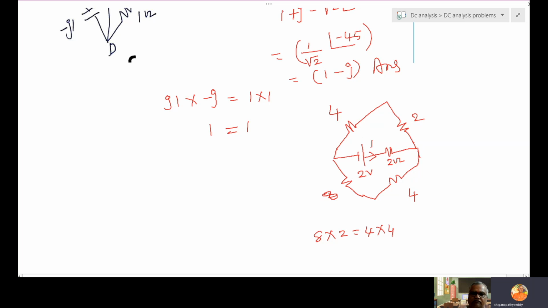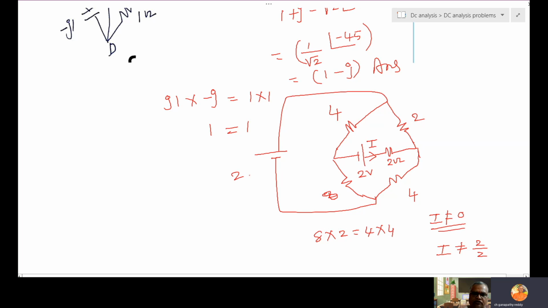If I ask a question, find I, they will give the answer I is equal to 0. I is not equal to 0, it is 2 by 2. If the source is outside, if the source, the same 2 volts, is connected here, now this is short.